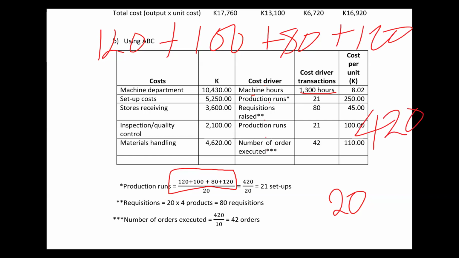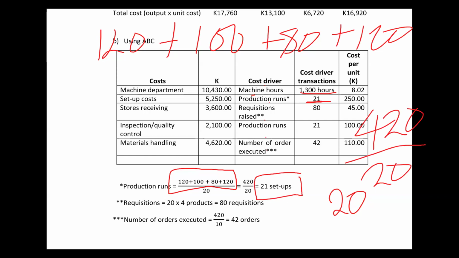The setups are per 20 units, so divide this by 20. 420 divided by 20 gives us exactly 21 setups. So that's how we found the 21 setups here.